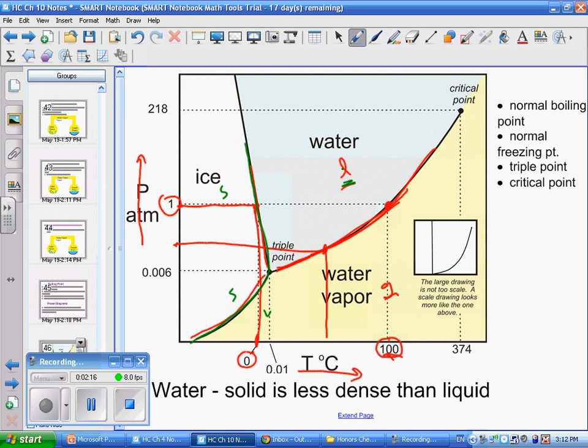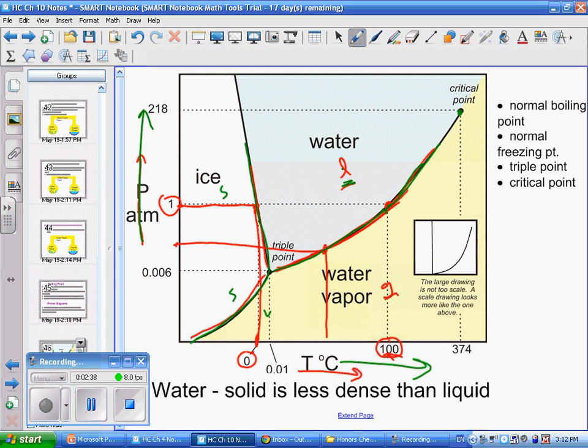So you notice that as this goes up this way, in order to keep something in equilibrium, I have to increase the temperature, but I have to also increase the pressure. While the particles want to move more down here, I have to squeeze them up higher up here. Now this continues for a while until I get to what's called the critical point.